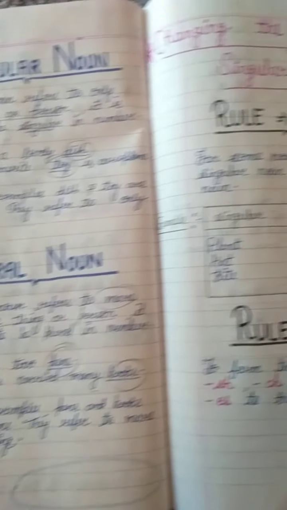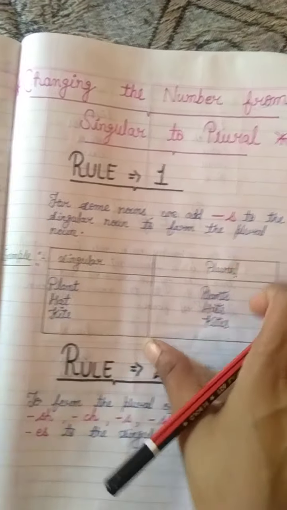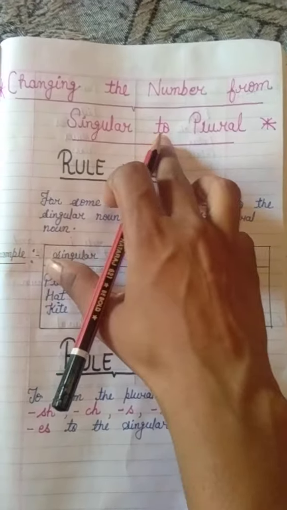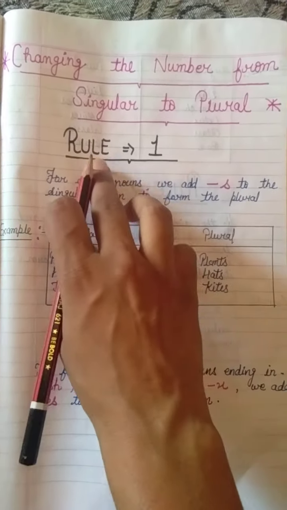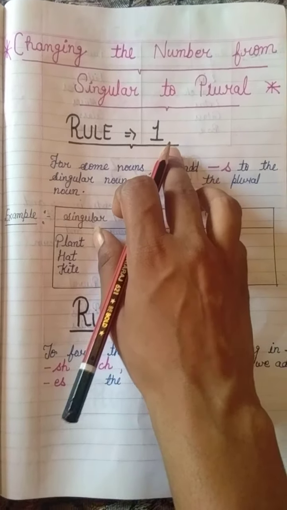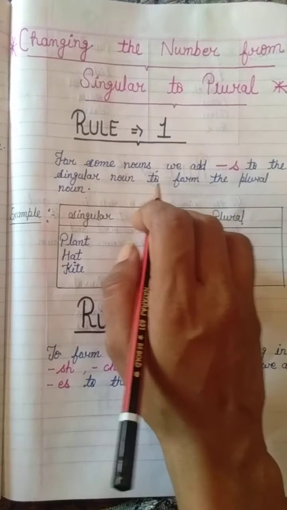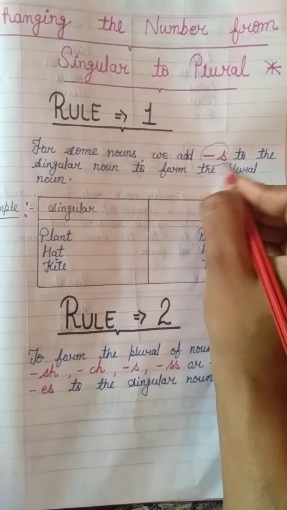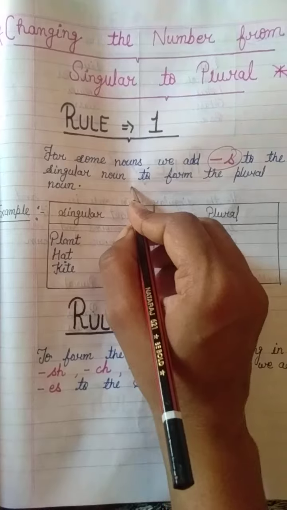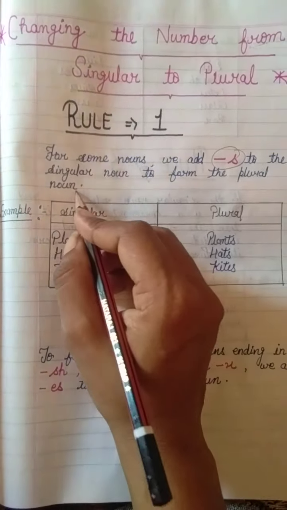Now students, let's talk about changing the number from singular to plural. Rule number one is: for some nouns we add s to the singular noun to form the plural noun.